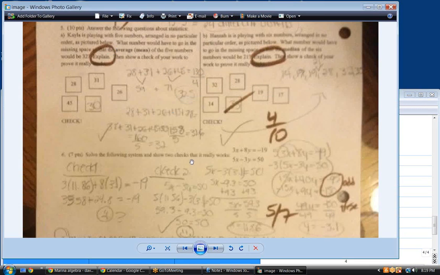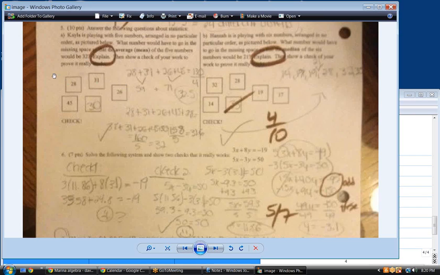Let's look at 5. Let's see if I can figure out what 5 says. First of all, do you need to look at 5? Did you get 5 right? He says explain. All right, let's see. She's playing with 5 numbers arranged in a particular order.